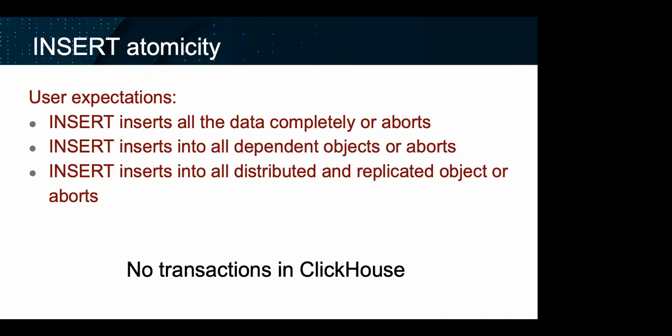This is what users would expect, but there are no transactions in ClickHouse, and therefore it's not trivial to guarantee these expectations. So we need to do some extra steps or extra configuration actions in order to do this.